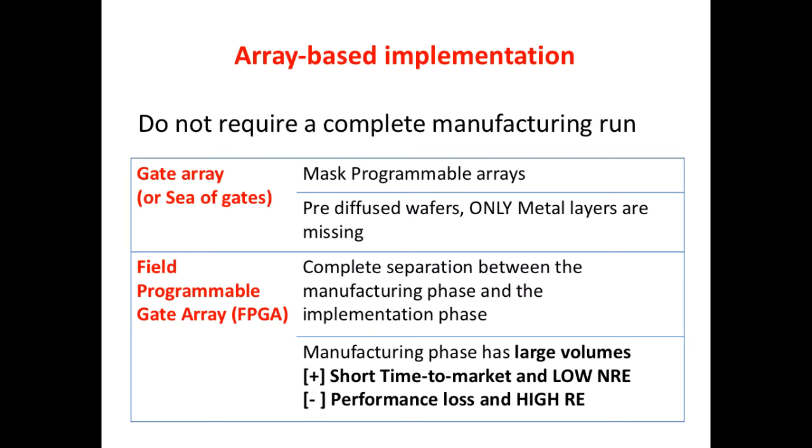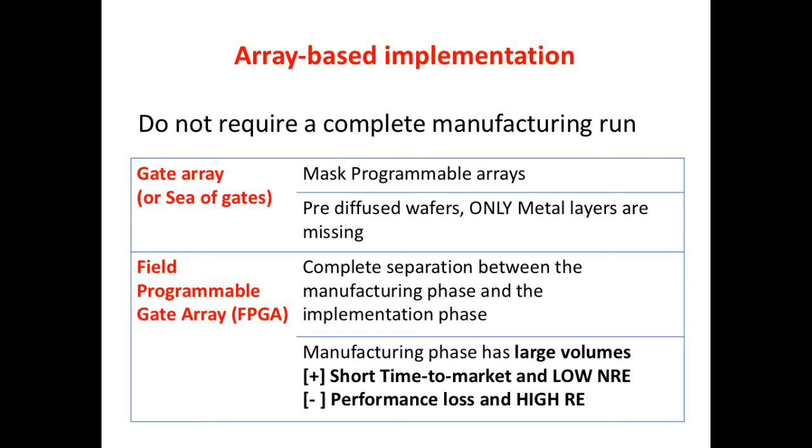Of course, in this case, the time to market is the shortest you can actually have. You have a very small time to market and very low non-recurring expenses because you don't need to fabricate everything. You just need to buy the FPGA and program it.